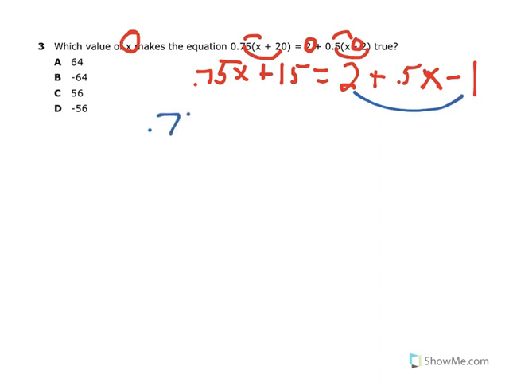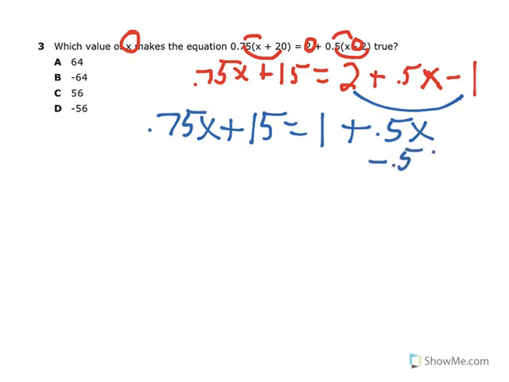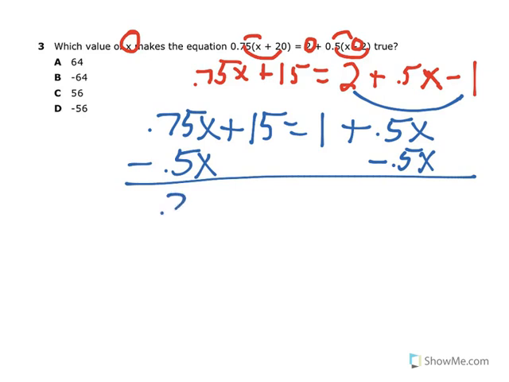So we get 0.75x plus 15 is equal to 2 minus 1 is 1 plus 0.5x. Okay, let's get the variables on one side and the numbers on the other. So I told you I like to subtract the smaller from the bigger, so I'm going to subtract 0.5x minus 0.5x, and 0.75 minus 0.5 is 0.25x plus 15.